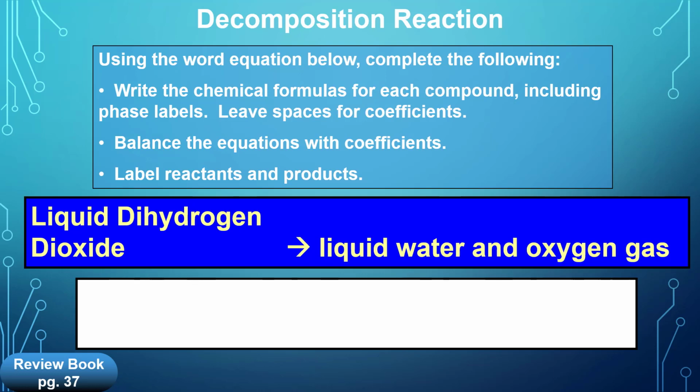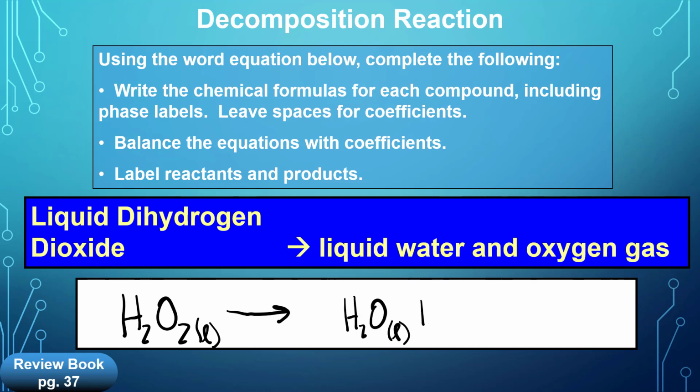Dihydrogen dioxide means we have 2 hydrogen atoms and 2 oxygen atoms, and it's a liquid, so we're going to put an L. It breaks down into liquid water, H2O, and oxygen gas. Now oxygen is again a diatomic. You should look up what the diatomic elements are and memorize them, because when they're by themselves they always form pairs.